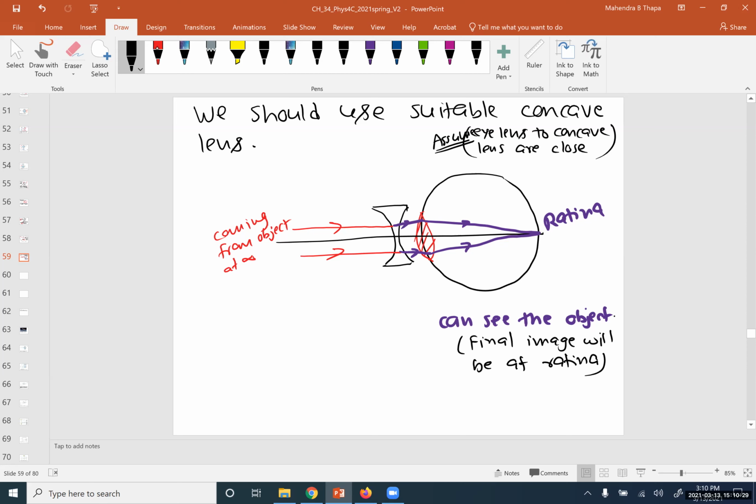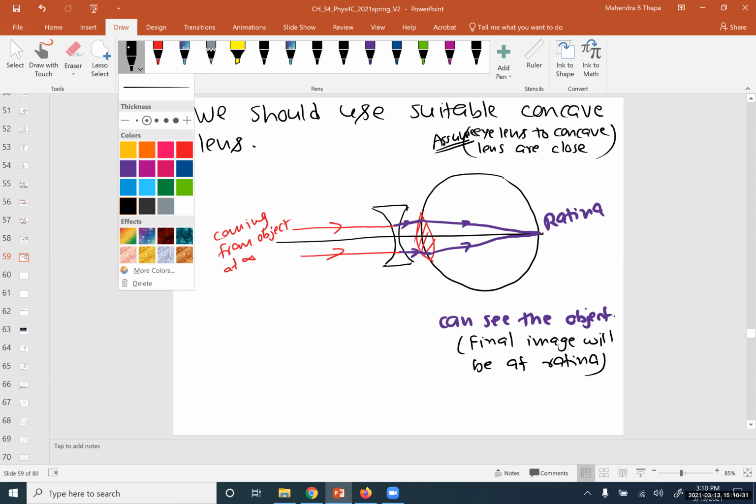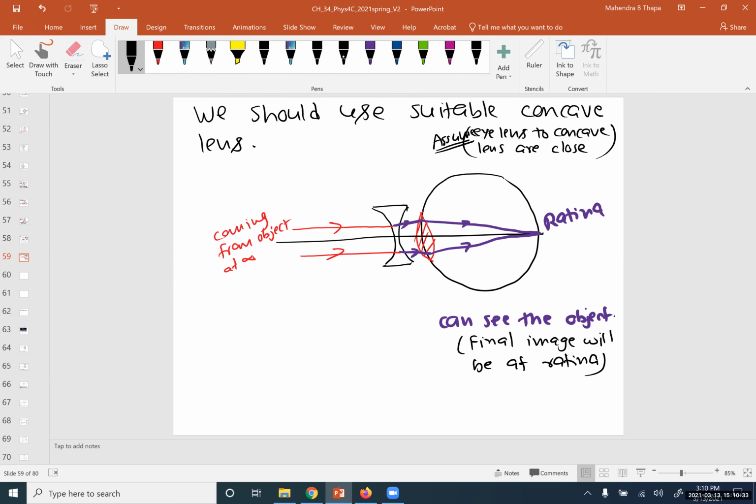Okay, so if you produce the rays backward, they will meet at a certain point. This point will be the defected far point for the person.